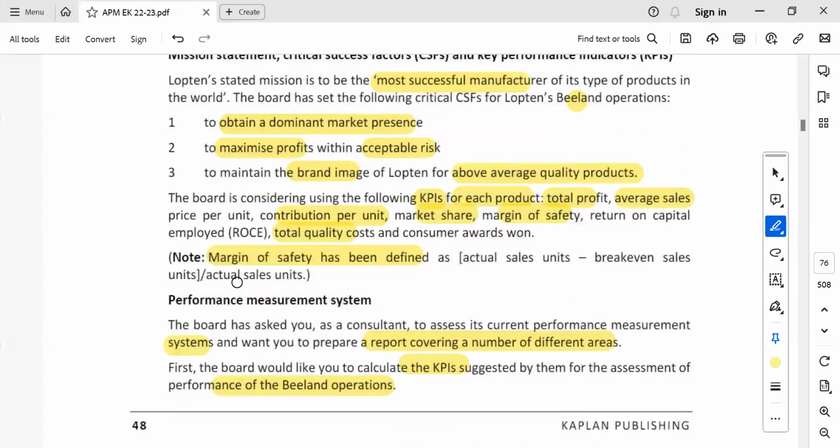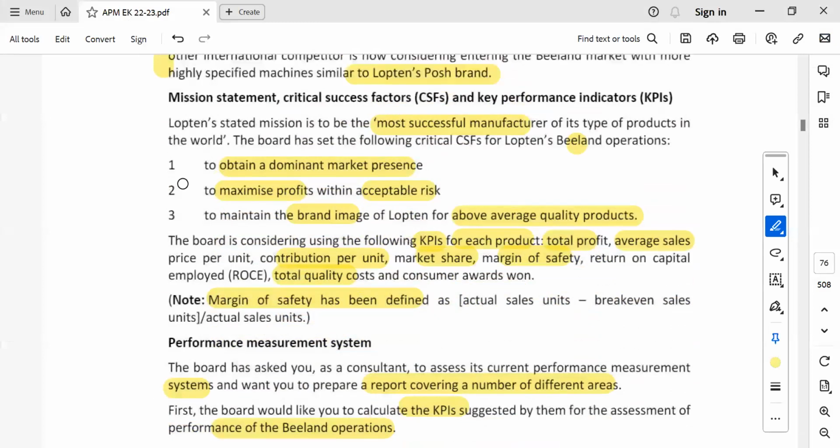Okay. Anything else that you can identify?